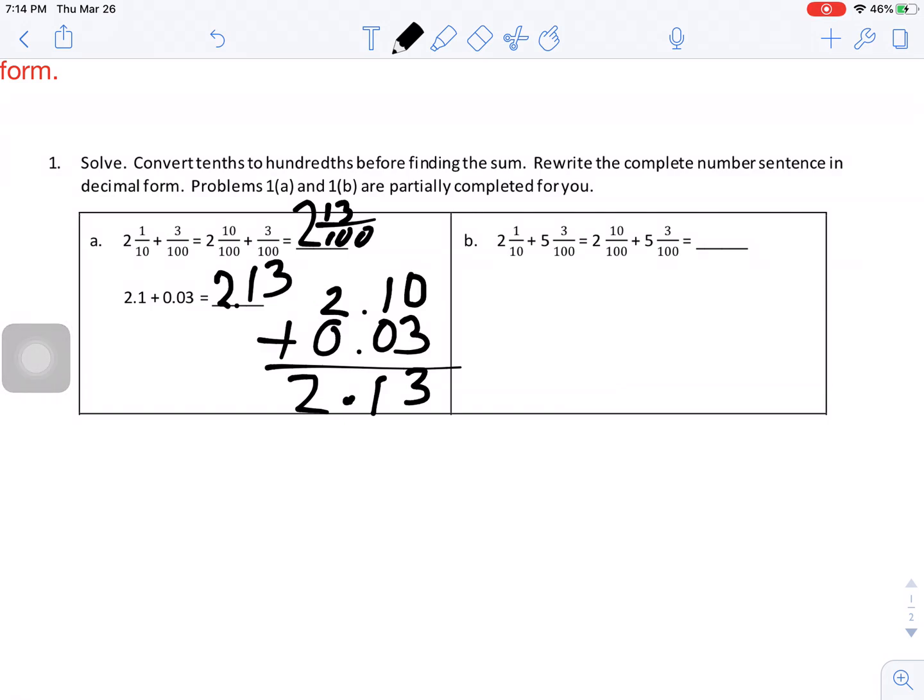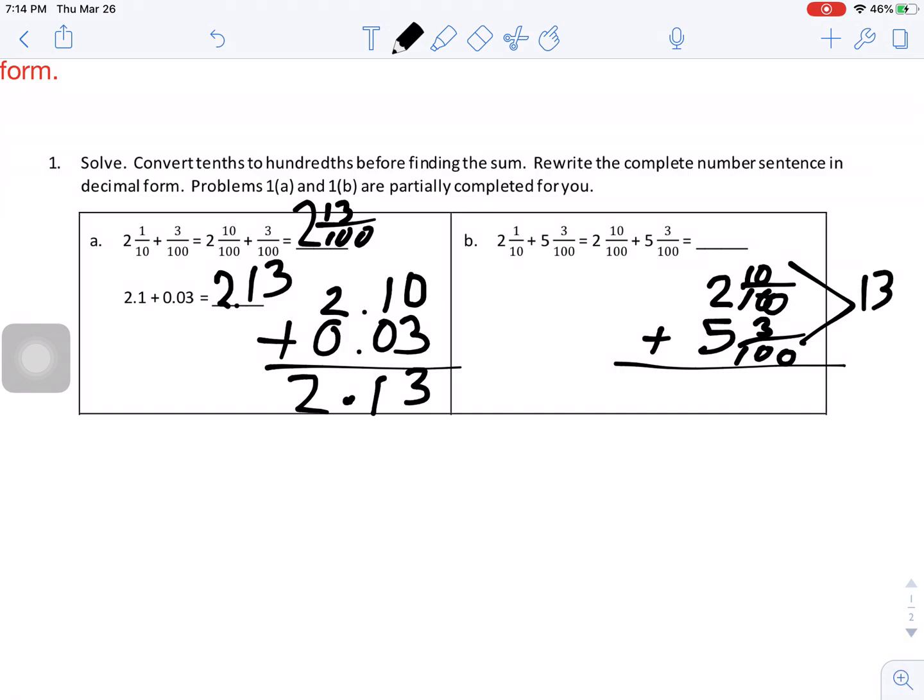So I like to do it vertically. I would go 2 and 10 hundredths plus 5 and 3 hundredths. I add my 10 plus my 3, and that makes 13, and they are hundredths, so I must put my denominator. And now I come to the ones place. 2 plus 5 is 7.